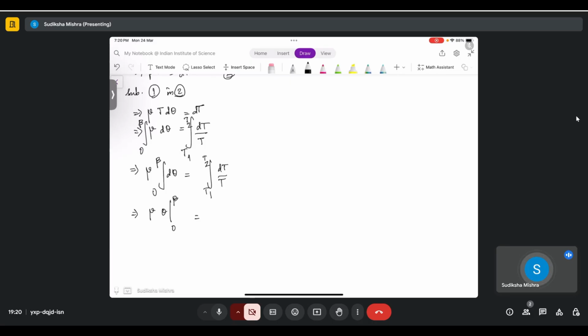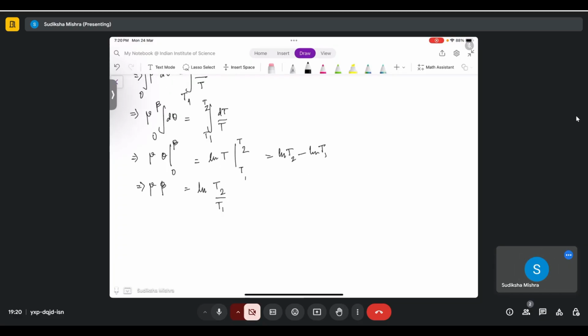mu times theta from 0 to beta. The integral of 1 over T will be the logarithm, ln T. So mu times beta is equal to ln T2 minus ln T1, which can be further written as ln of T2 by T1.